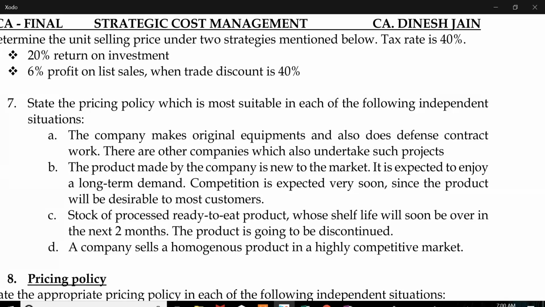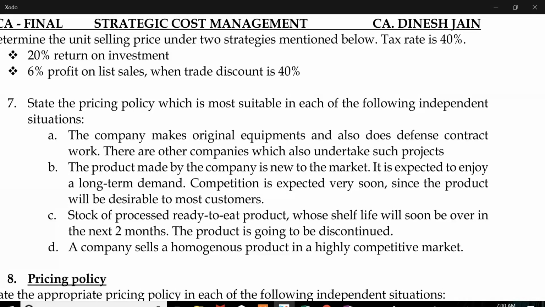Stock of processed ready to eat food whose shelf life will soon be over. Product is going to be discontinued. Which strategy?